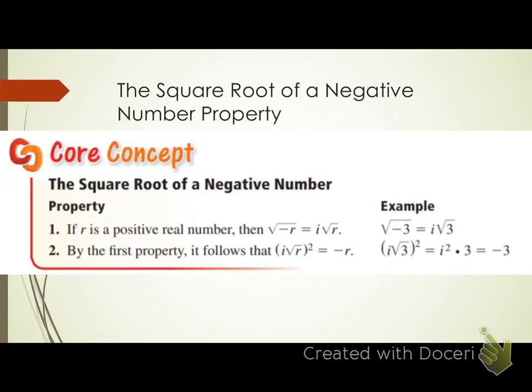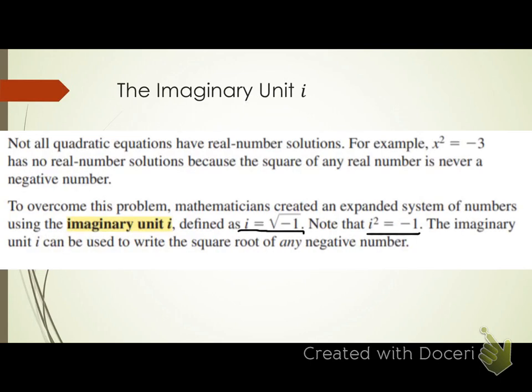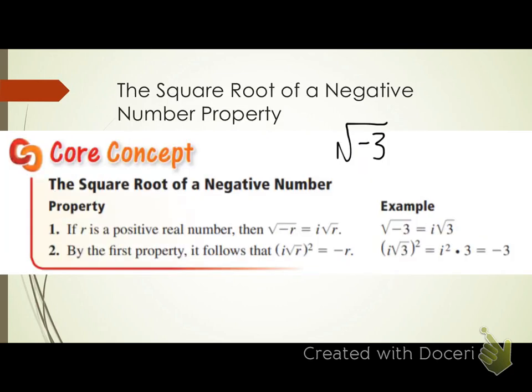So, the square root of a negative number property. Here are the properties in 1 and 2. Number 1, if r is a positive real number, then the square root of negative r equals I square root of r. Let me show you why that is. In our example, we have the square root of negative 3. Based on this slide, I know the square root of negative 1 is I, correct? So I can break this down into negative 1 times 3 under my radical.